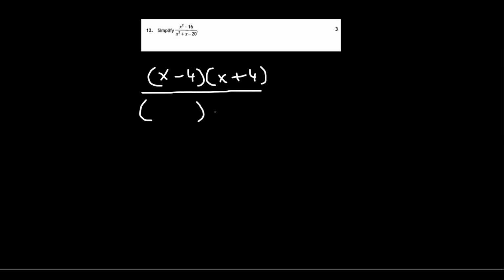Simplify (x squared minus 16) over, and then we've got a trinomial in the denominator. So x squared minus 16 is just (x minus 4) times (x plus 4), and that's the difference of squares factorization. And then we just factorize the quadratic as usual. So two numbers that multiply to give minus 20 and add to give 1.